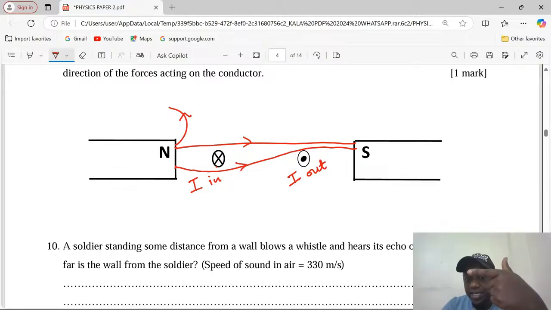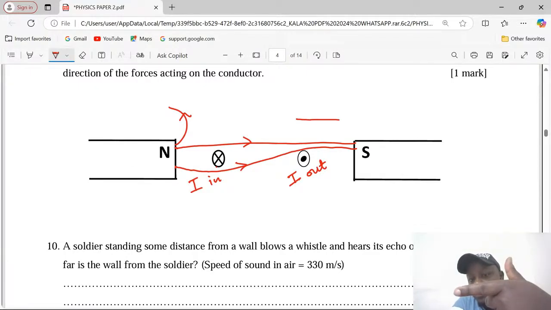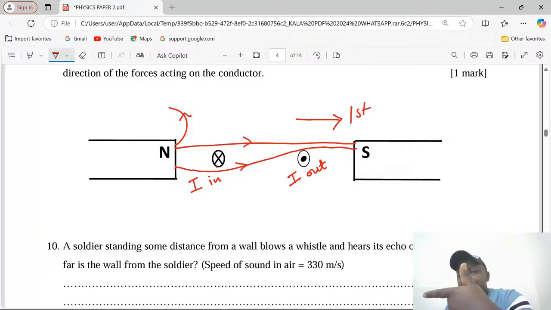Let us apply this in the second case, the conductor near the south. We will have the first finger pointing this direction. That is the first finger, because it has to point the direction of magnetic field. We will have the thumb pointing upwards, but the second finger that shows us current is pointing at me, because current is out.